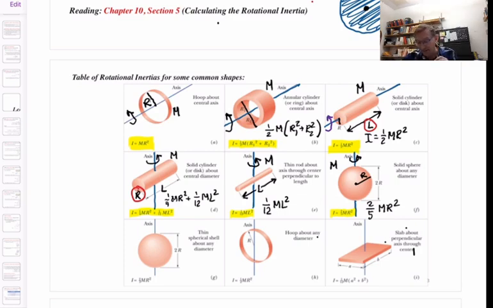Next picture. Watch out, because it's exactly the same picture as F. Now we're in G, though. And the words tell me, because the picture is the same as F, that it's a thin spherical shell rotating about any diameter. So what you can't see here is that the inside of this is hollow.